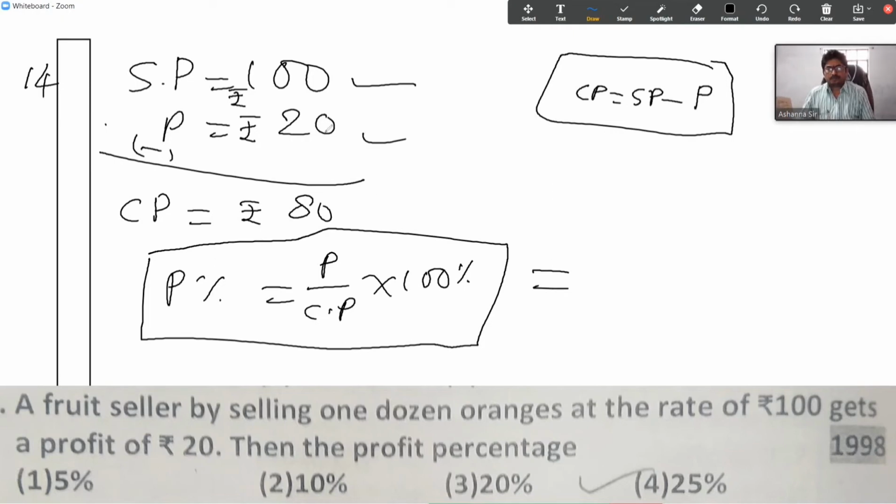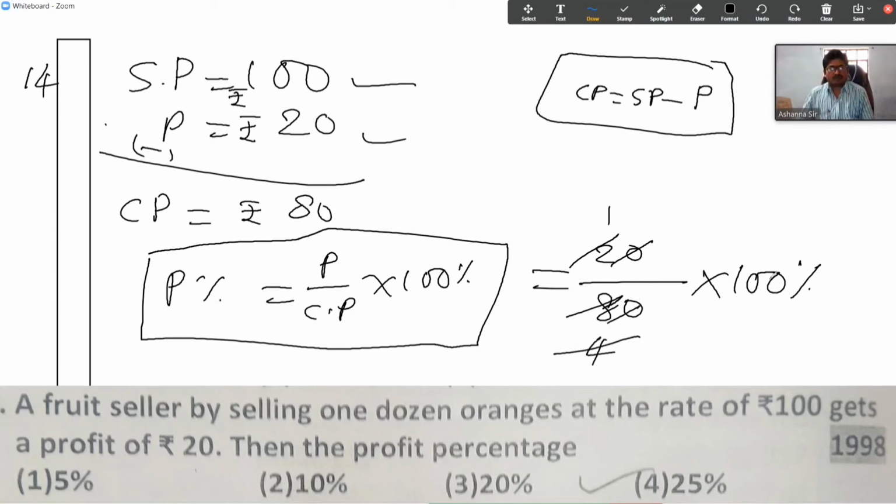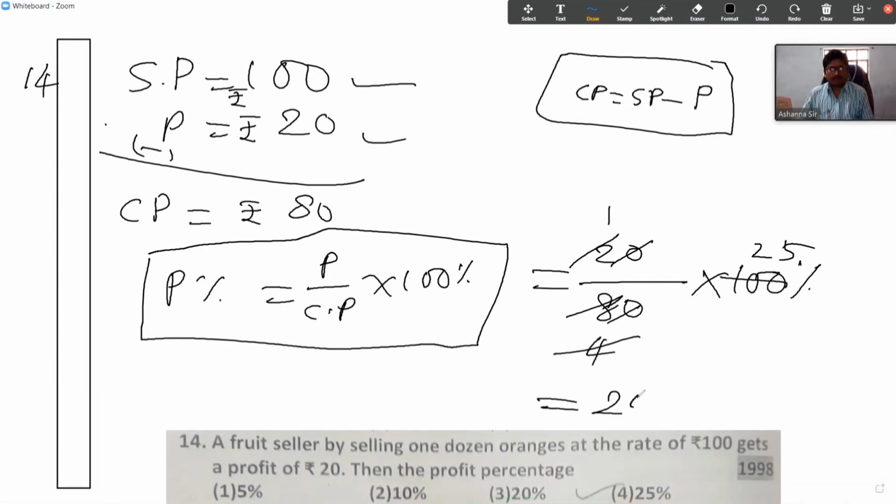Profit 20 rupees, cost price 80 rupees, into 100 percentage. 0 0 gets cancelled, 2 1s are 2, 2 4s are 8, 4 1s are 4, 4 25s. So 25% is the profit percentage. So option 4.